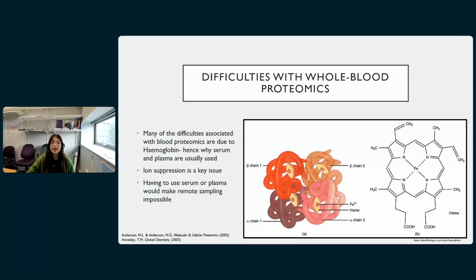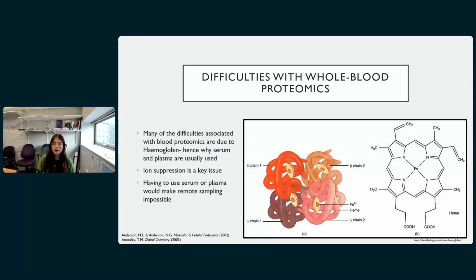Hemoglobin actually accounts for 95% of the protein concentration in the blood proteome, which is a large majority of it. This is an issue in proteomics due to a phenomenon known as ion suppression. Essentially, the ionization processes which occur in mass spectrometry that allow us to detect the peptides are competitive.